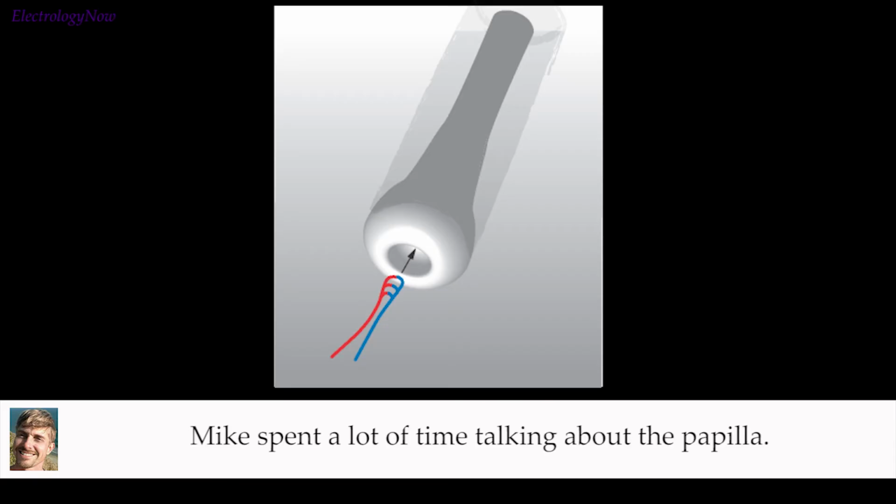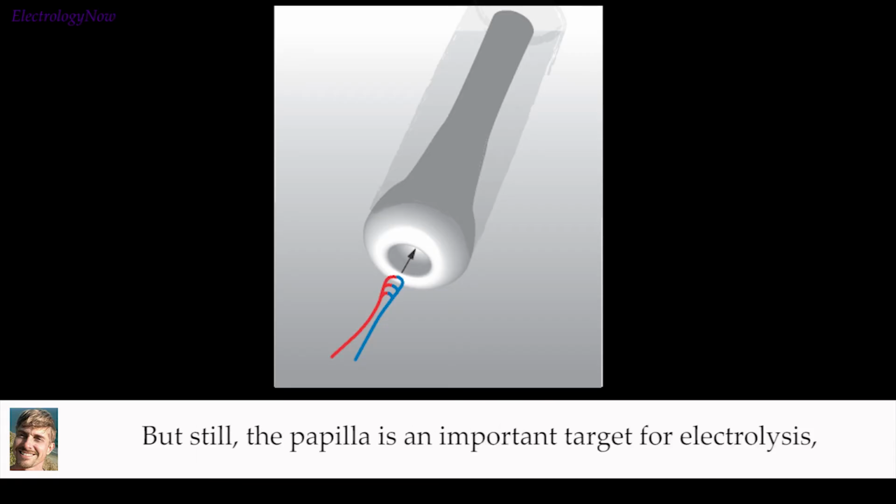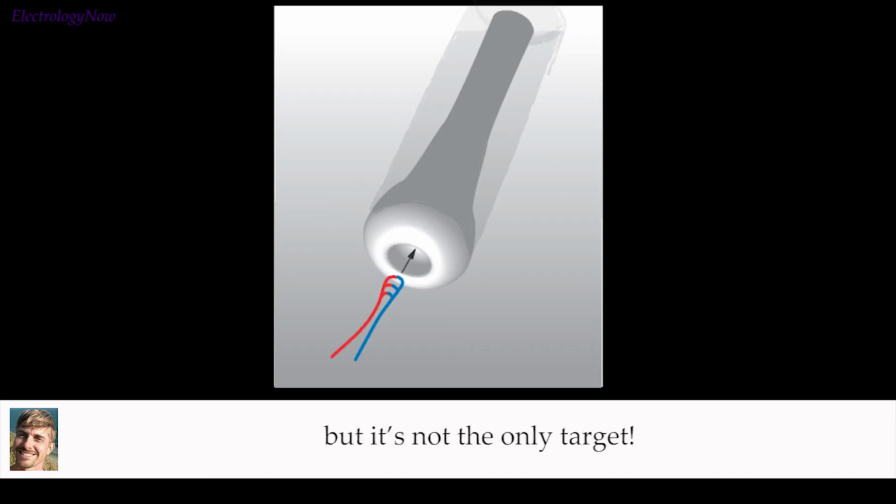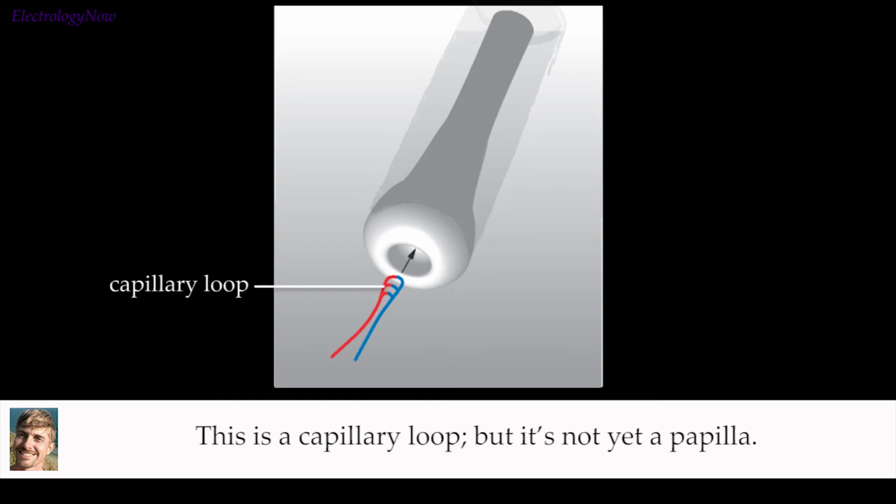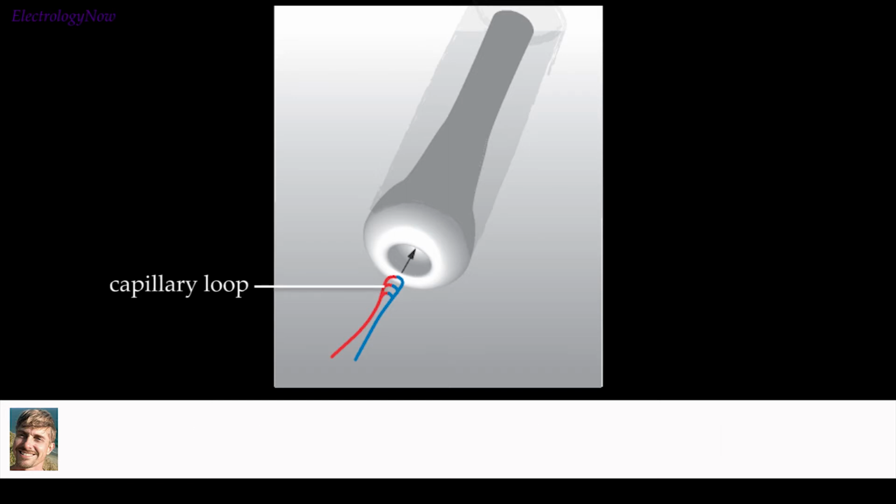Mike spent a lot of time talking about the papilla, and honestly, I'm sick of hearing about it. But still, the papilla is an important target for electrolysis, but it's not the only target. The papilla is not just a capillary, and it's not the only source of nutrients for the follicle. This is a capillary loop, but it's not yet a papilla.